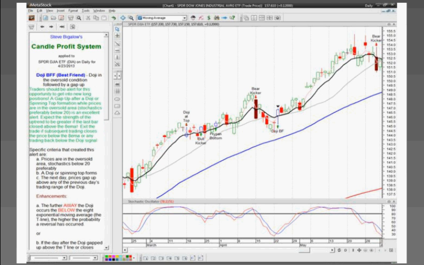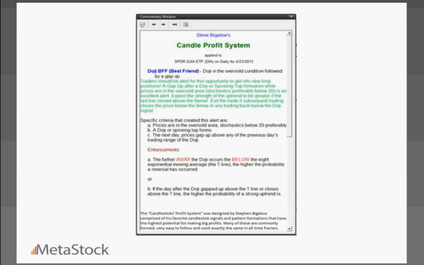The other thing that we did was put in a full, what we call, commentary system. Number one, we tell you what patterns are actually forming on the chart. In this case, this is an example of the Doji Best Friend pattern. We tell you the specific criteria that actually created that alert, in other words, what the chart is doing. And then we also created what Steve calls enhancements to that pattern.